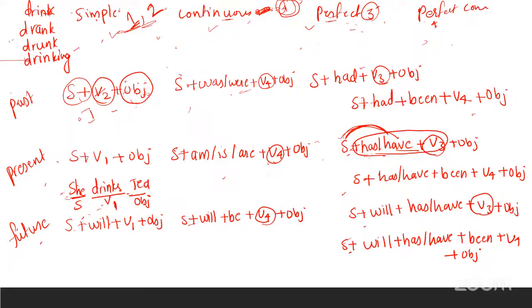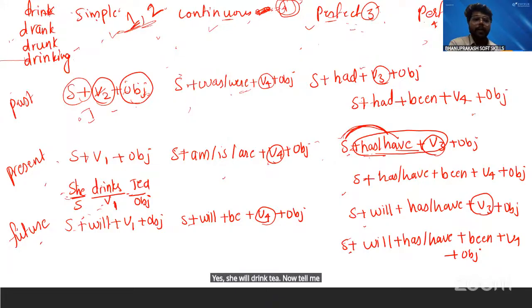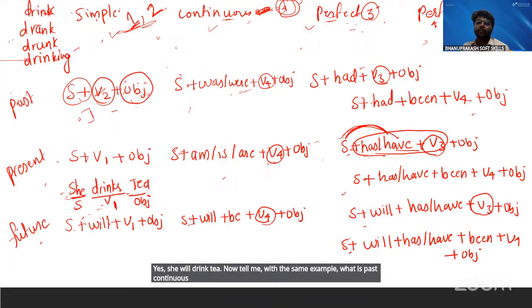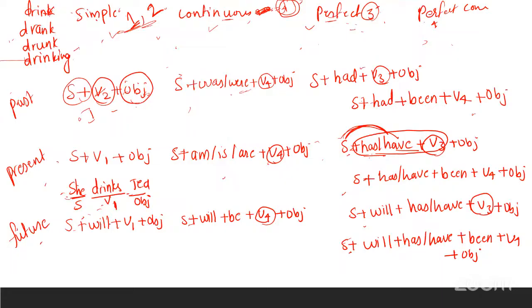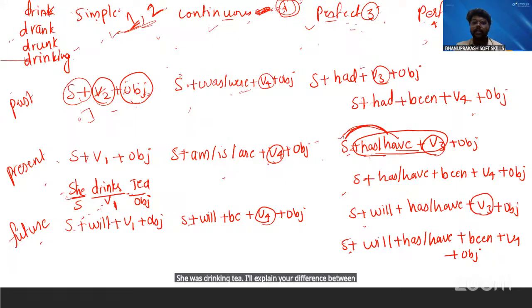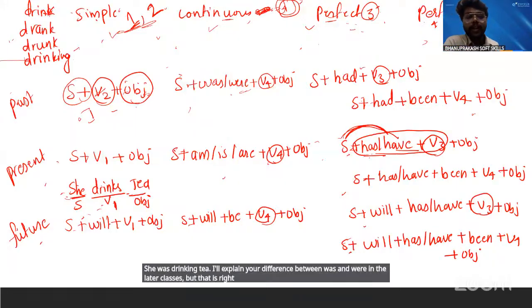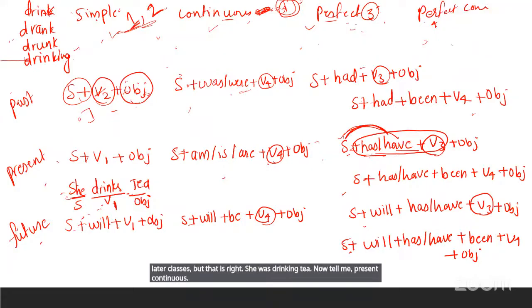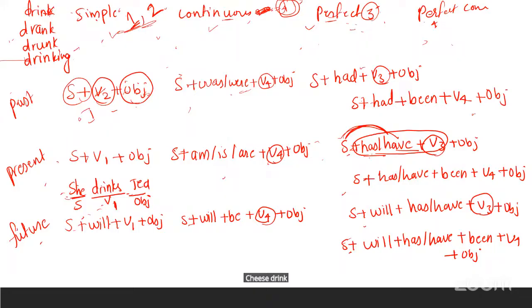She will drink tea. Now past continuous? She was drinking tea. I'll explain the difference between was and were in later classes, but that is right. Present continuous? She is drinking tea. Now future continuous: she will be drinking tea.